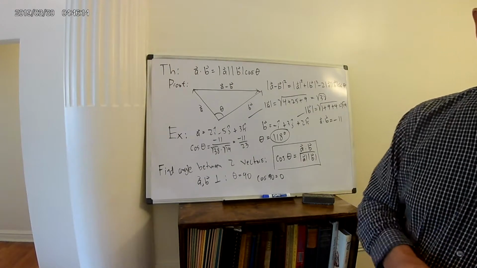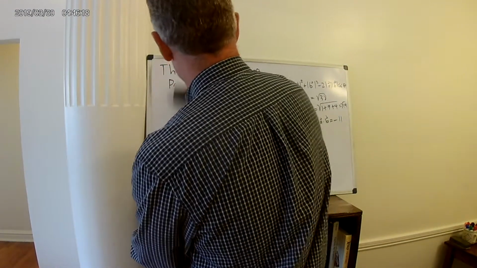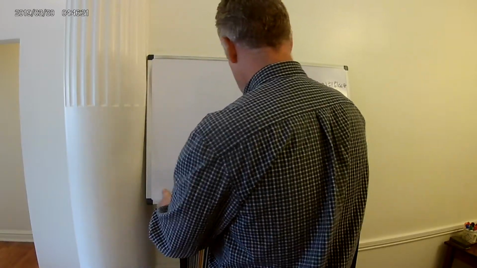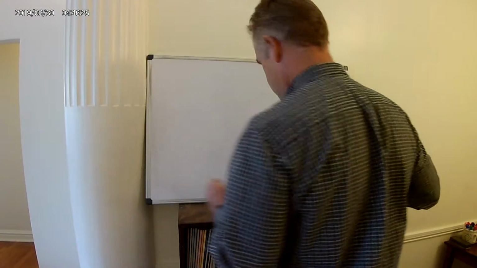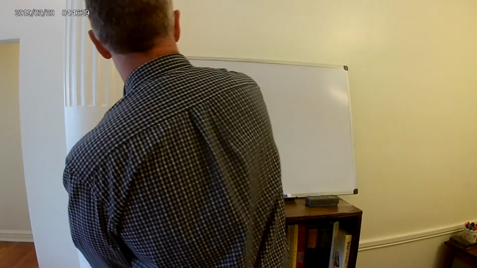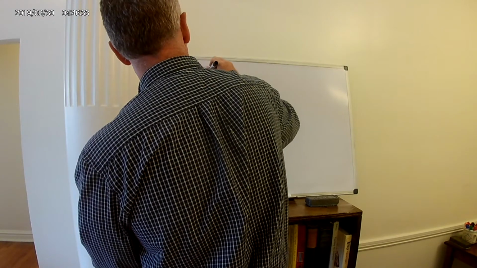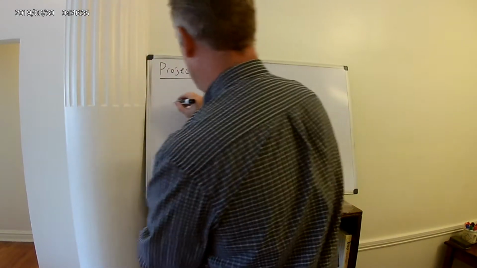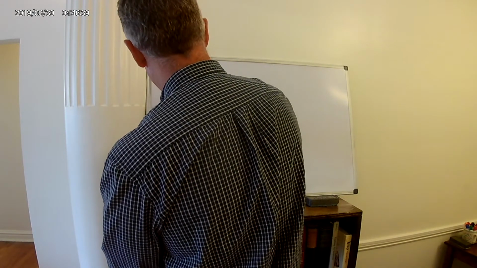Let me talk about one more topic I want to mention today, which is the projection of one vector onto another. Okay, so suppose I have two vectors, and one vector is a vector A, pointing like this.